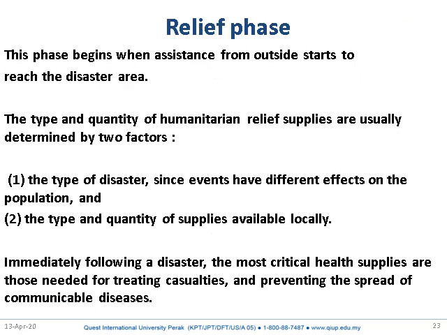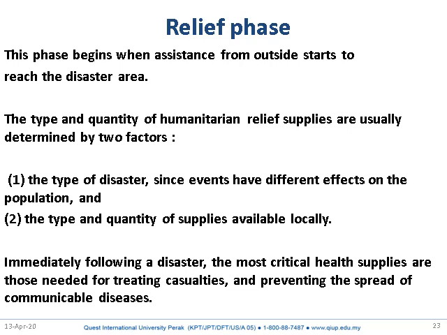Relief phase. This phase begins when assistance from outside starts to reach the disaster area. Type and quantity of humanitarian relief supplies are usually determined by two factors. One depends on the type of disaster, and the other on the type and quantity of supplies available locally.